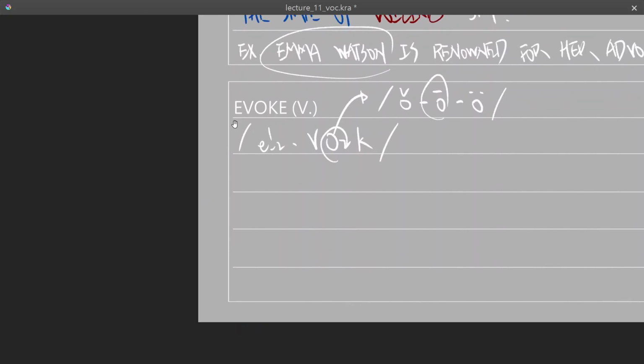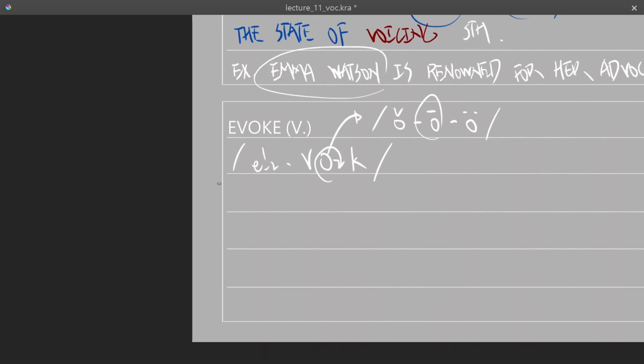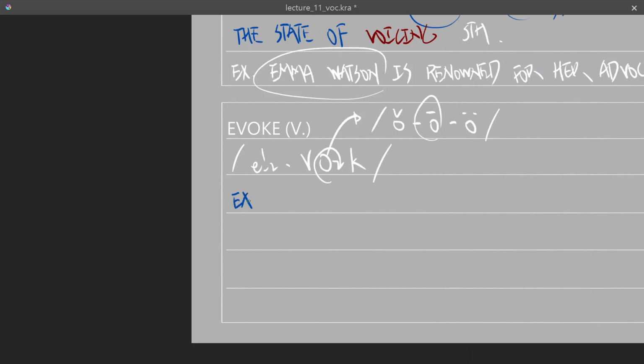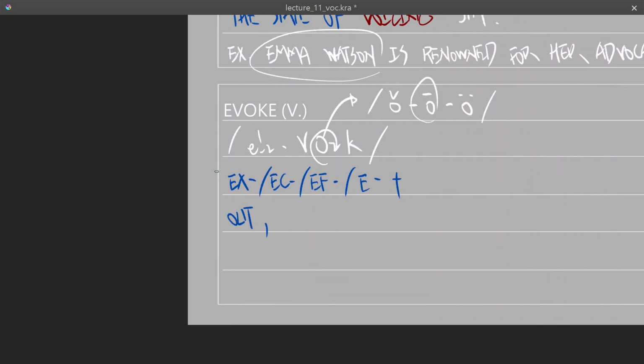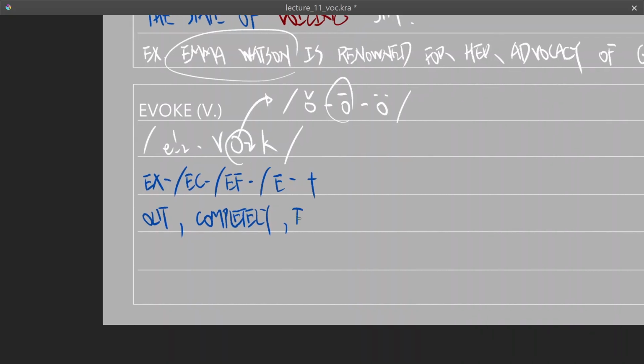Evoke. So we have the prefix e, which is a variant of ex, meaning out, completely, or the former title.